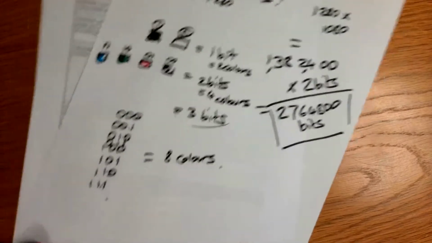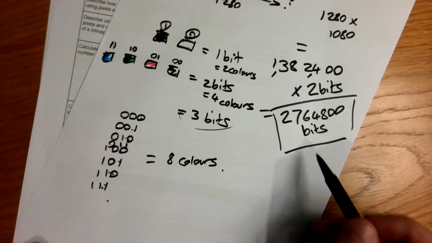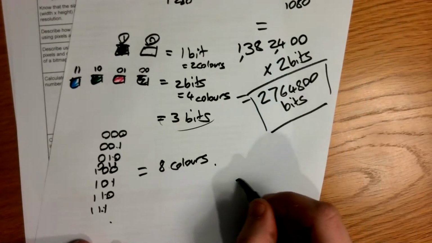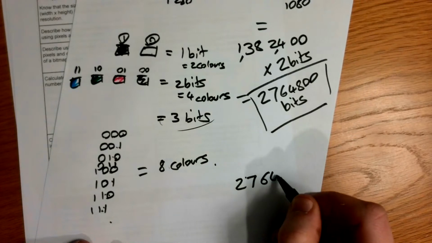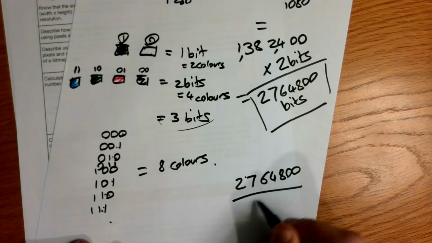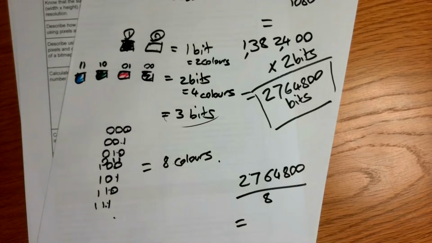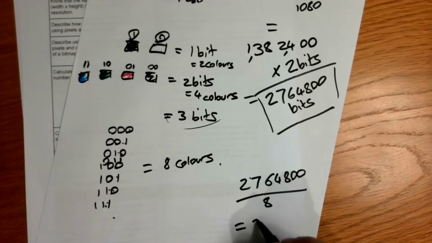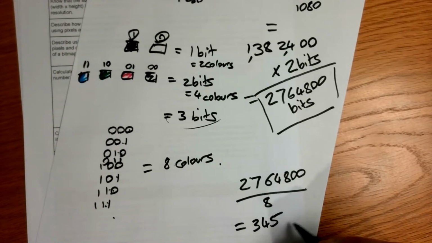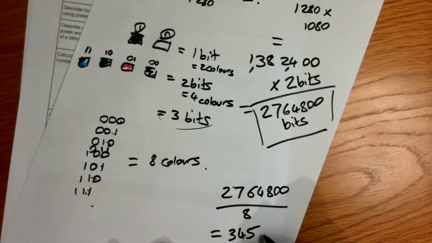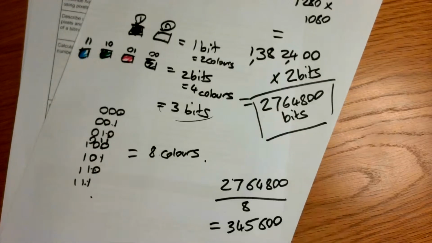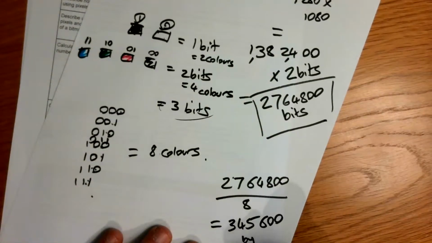Now, if we go back to the conversation that we had earlier, we don't like leaving things in bits. We need to convert it into bytes to make it easier to understand. So we take that number, and the first thing we need to do is divide it by 8. Which leaves you with 345,600 bytes.